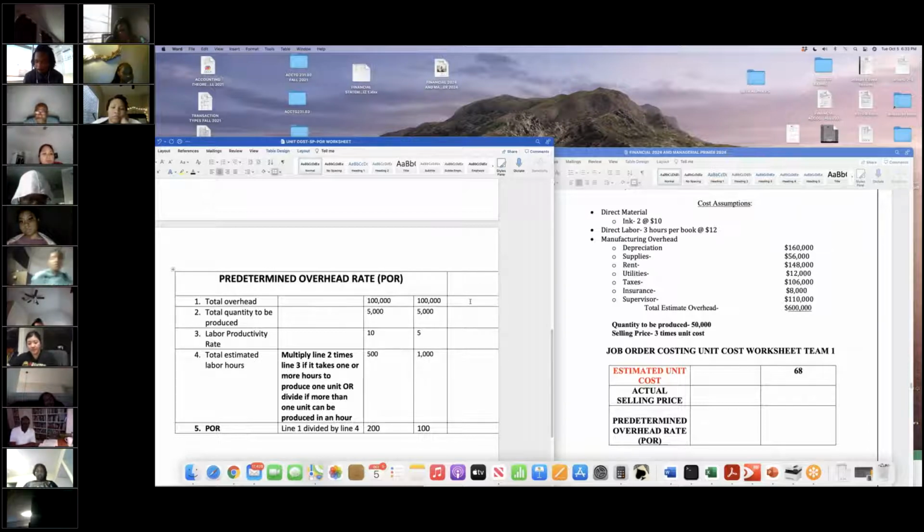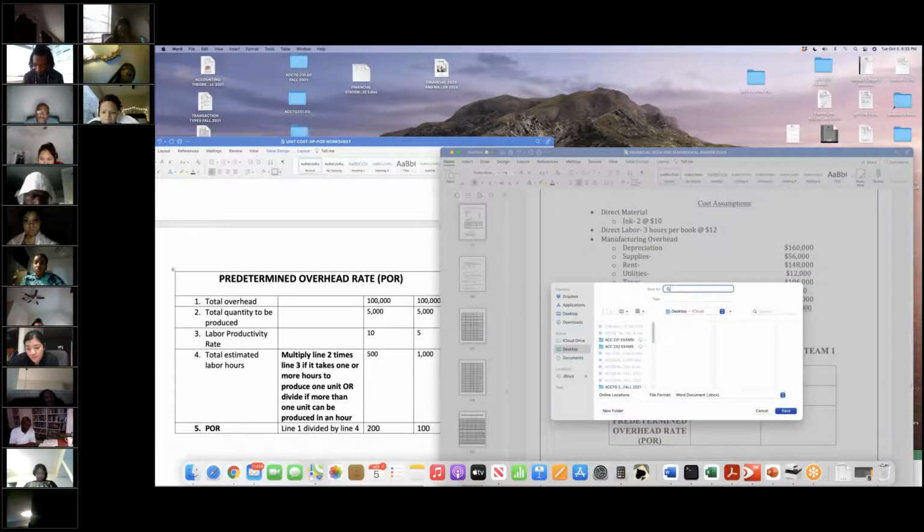So what's total overhead in this problem? 600,000.